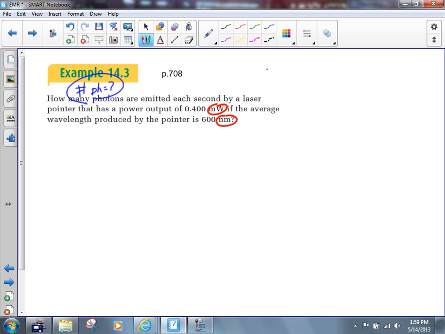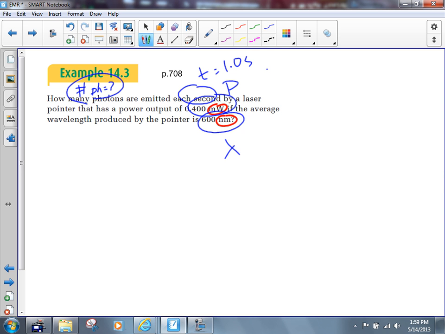We have a power here of 0.4 milliwatts. We have a wavelength here of 600 nanometers. We have a time here of 1 second. Doesn't say that, does it? What's the number of photons each second? What's the number of photons in 1 second?